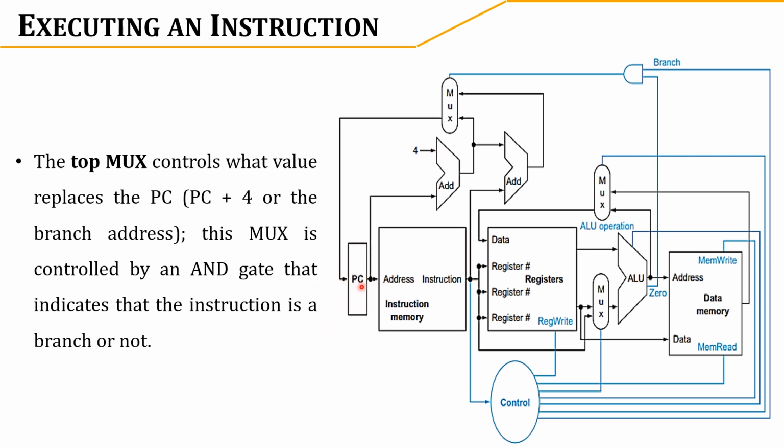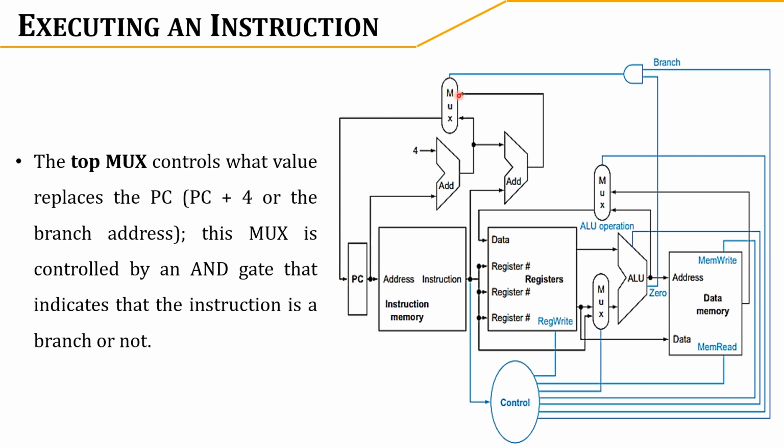If the next instruction is a branch instruction, then we need to update it with the branch address. The branch address details are there in the instruction. To the branch address, we are adding PC plus 4 to get the target address.